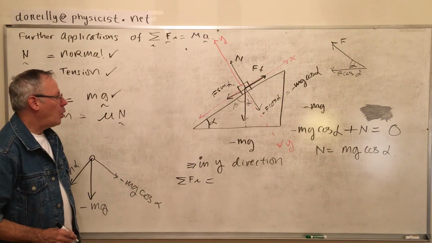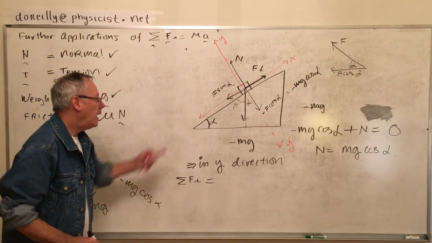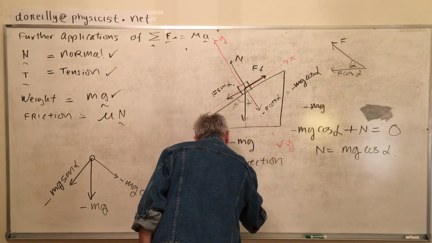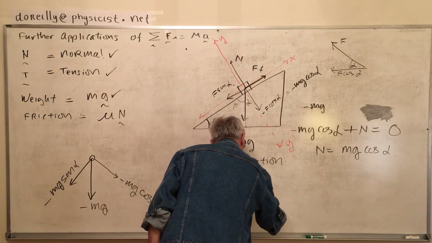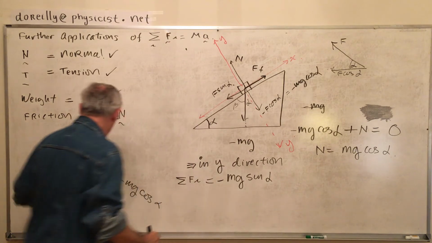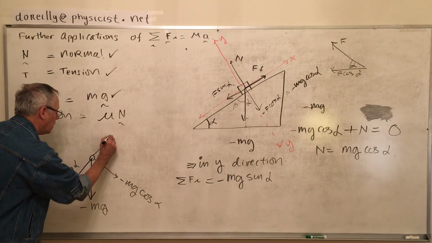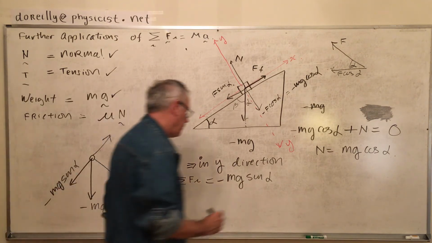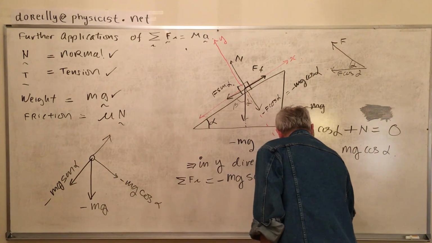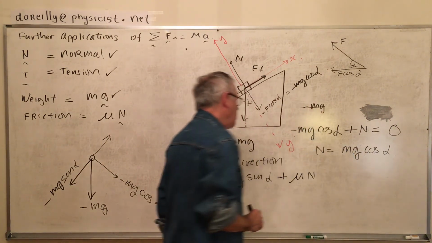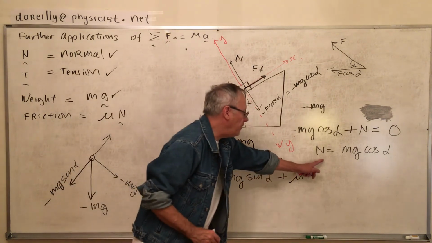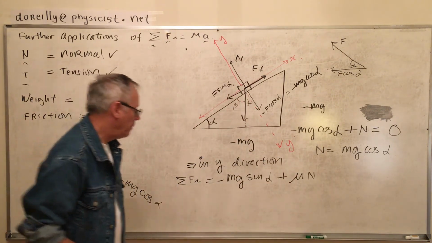What are all the forces in the x direction? Minus F sine alpha minus mg sine alpha. Now the force of friction is opposing this. Plus mu N. Well, mu N, we found N is mg cos alpha.